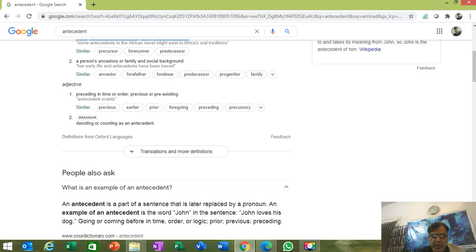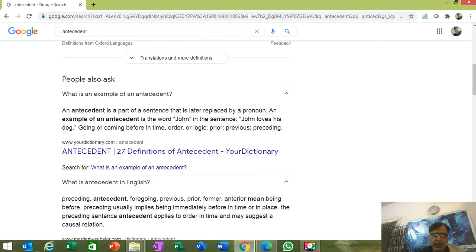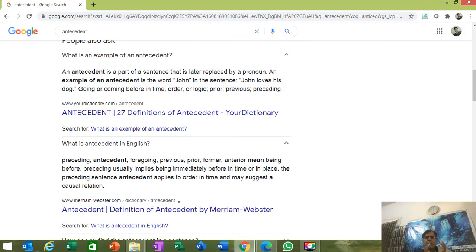With an example I'm going to make it clearer for you. What is an example of an antecedent? First of all, it is defined here: an antecedent is a part of a sentence that is later replaced by a pronoun. For example, take John in the sentence: John loves his dog.